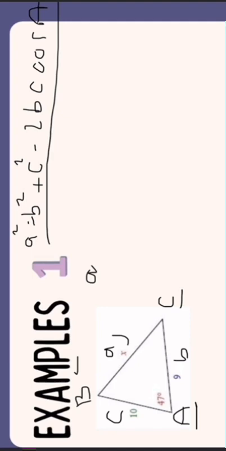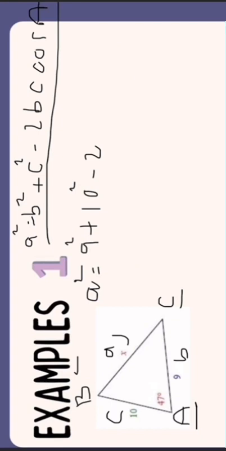So A square root equals B, that's 9 square root because that states the formula, plus C, that's 10 square, minus 2.